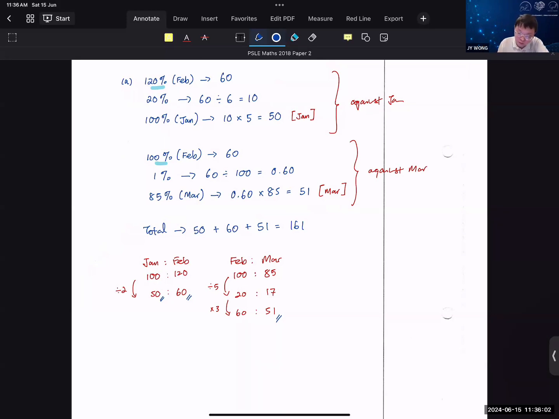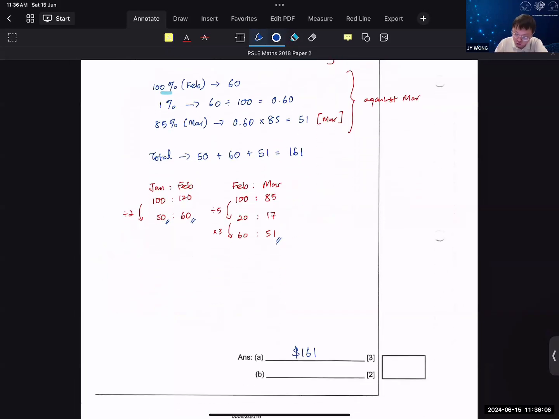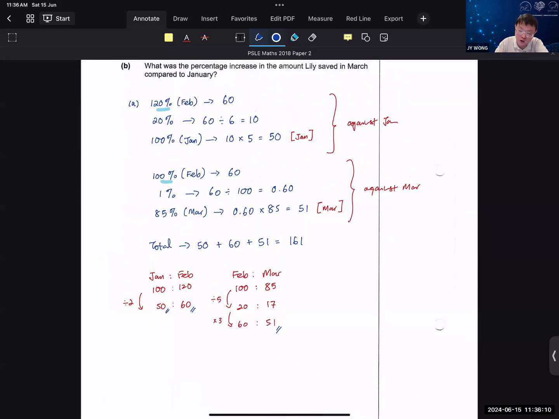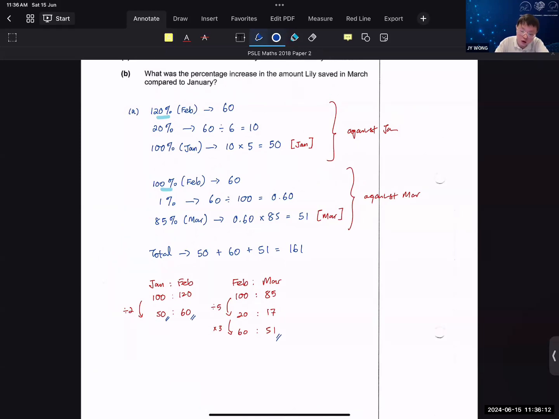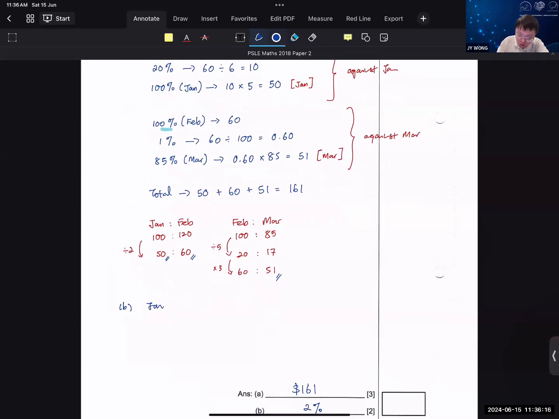Okay. Now, once you get part A, part B is the easy one. Like I said just now, part B is 2%. Why is it 2%? What's the percentage increase from March compared to January? So first things first, we know that January is $50. We know that March is $51.